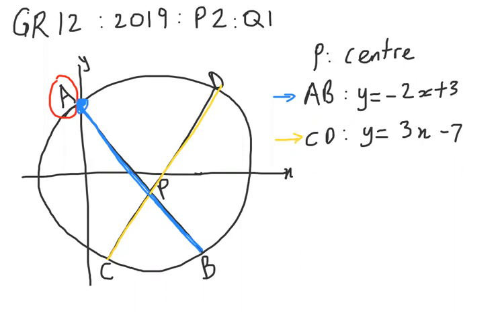So I'm going to use the equation of AB, this equation over here. Now if you have the point A, you can already see it lies on the y-axis.